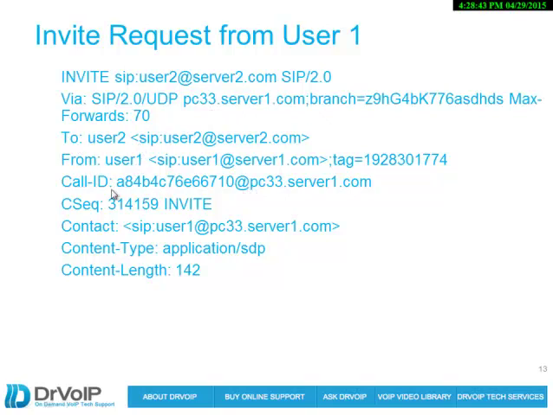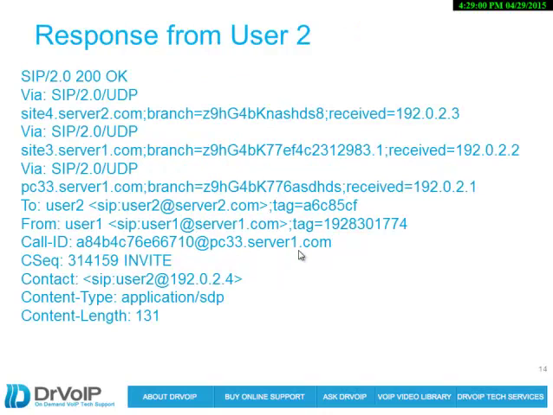The call ID is more like a GUID in this example. Its method was an invite. The contact, the application type, the content length. This is a typical message stream. The response to this message might look something like this. We're getting an OK back.